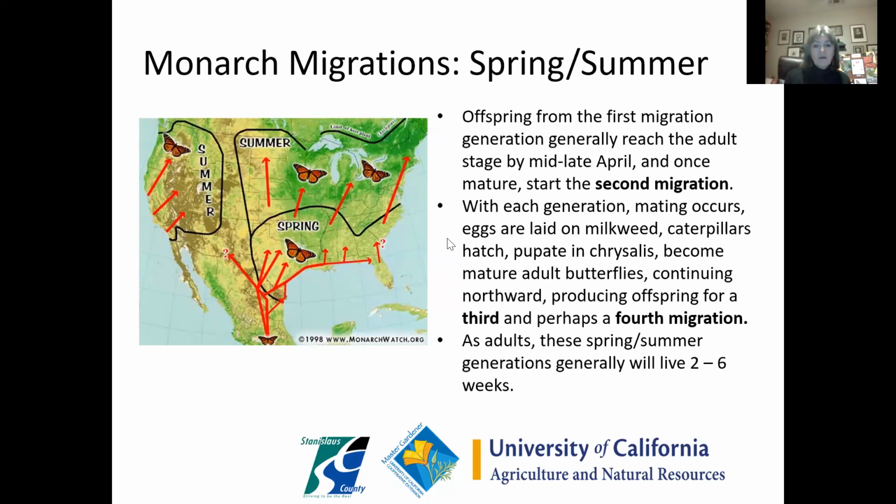So these are usually 3 or 4 generations that migrate north, and only the one that migrates south. So they don't live as long as people would think. Just 2 to 6 weeks is a maximum. And remember, there's a lot of hurdles along the way: weather, birds, things that prey on them, cars, kids with butterfly nets.